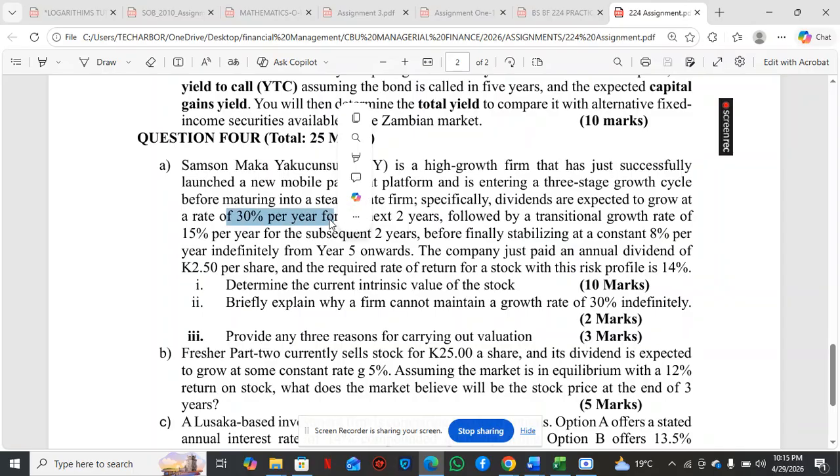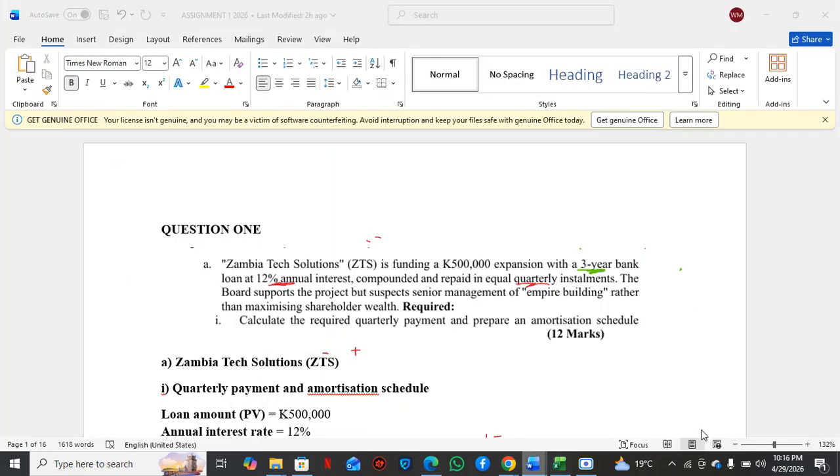First 30% for 2 years, then next 15%, then it stabilizes at 8%. So this is the multi-stage growth model for valuing equity or valuing shares. Okay, so this is how you deal with this question.